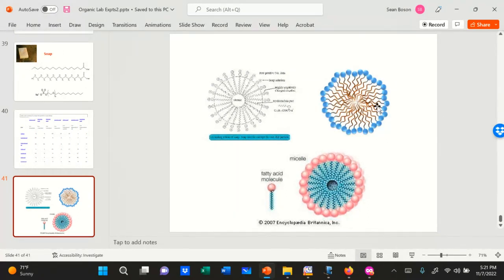So they are clustered together in this manner. All the hydrophobic ends, which is the oily part, don't like water. They aggregate together, keeping this hydrophilic part outside. Hydrophilic is the anionic part. They stick outside.